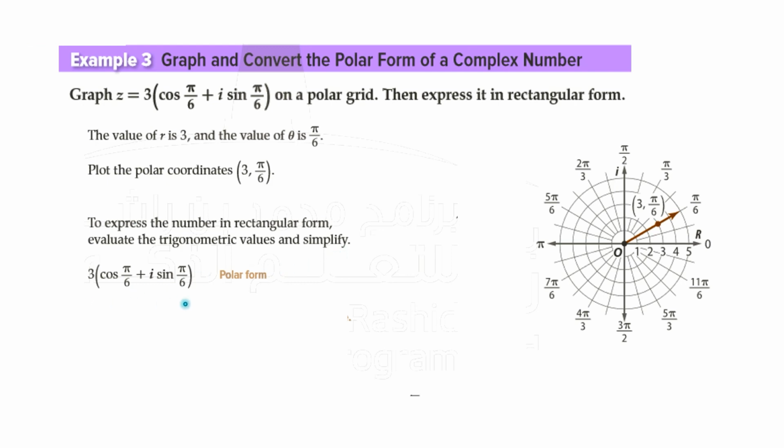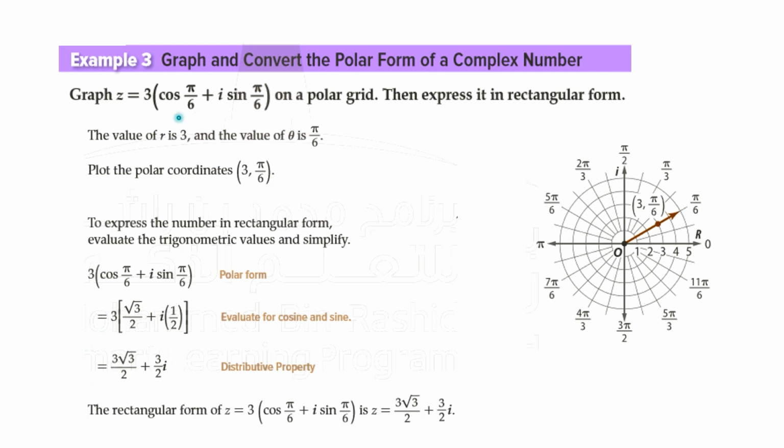So this is the complex number in the polar form. We substitute the values of cos pi by 6 and sin pi by 6 and simplify. So this is the expression for this complex number in rectangular form.